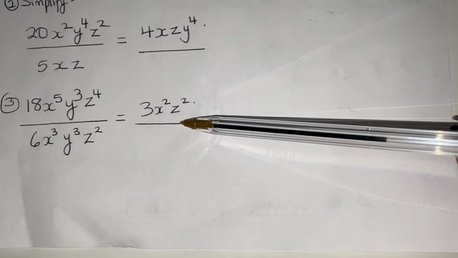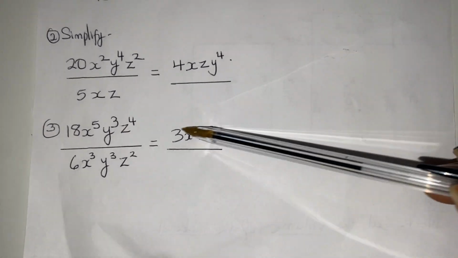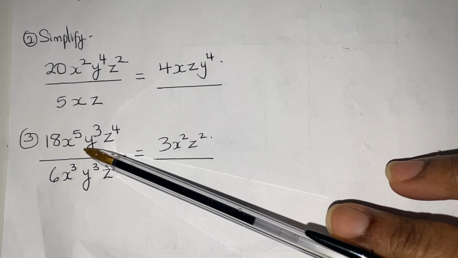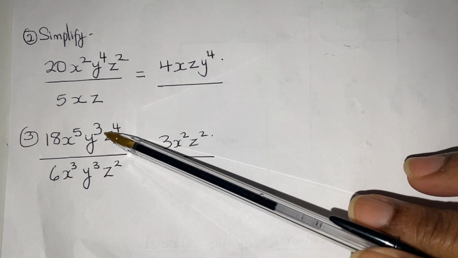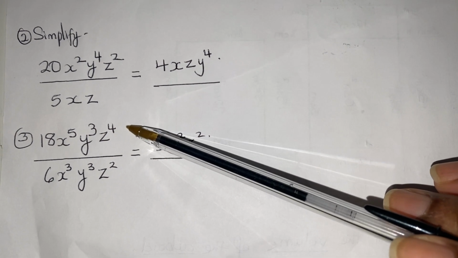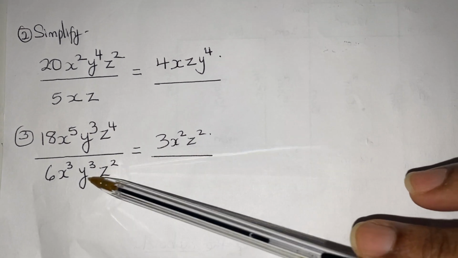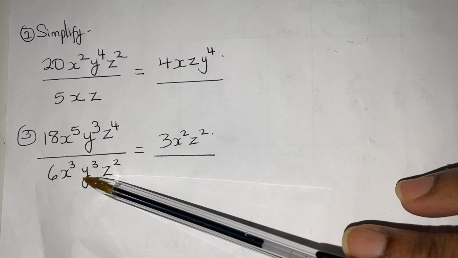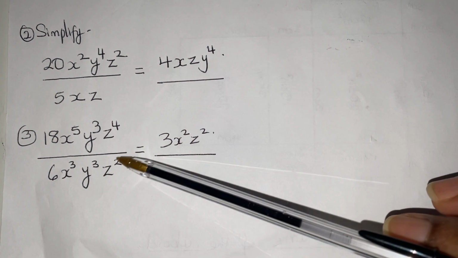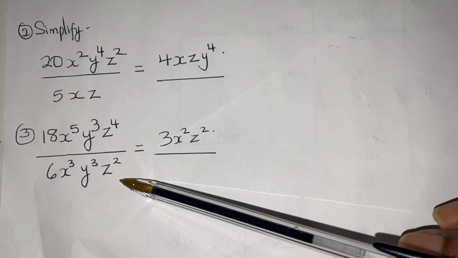Another simplify question. 18x to the power 5, y to the power 3, z to the power 4, all divided by 6x to the power 3, y to the power 3, z squared.